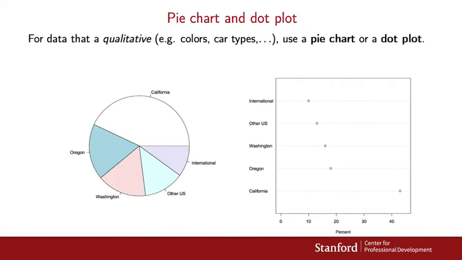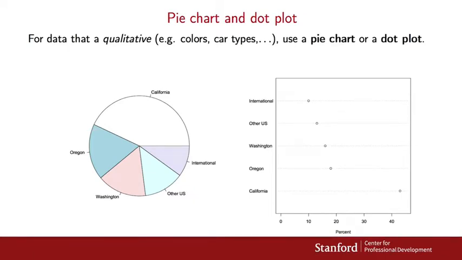First, let's look at the case where the data are qualitative. That is, the data are not numbers, but categories, such as colors. In that case, we would use a pie chart or a dot plot. On the left, there's a pie chart that shows the geographic origin of students at a university on the West Coast. The idea is that each slice of the pie is sliced according to the corresponding percentage.